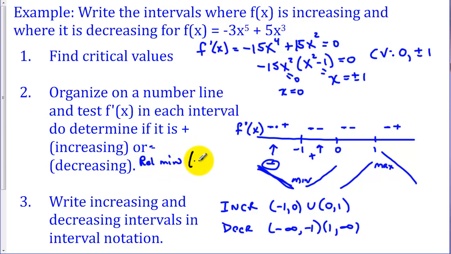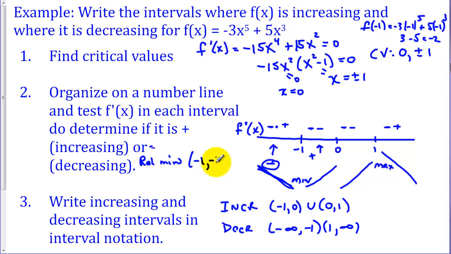at x equals -1. And to find the y value, we would have to put -1 in this equation. So if I evaluate f of -1, I've got -3 times -1 to the 5th plus 5 times -1 cubed. This is -1 times -3 is +3, and this would be 5 times -1, so that's -5, so we're at -2.